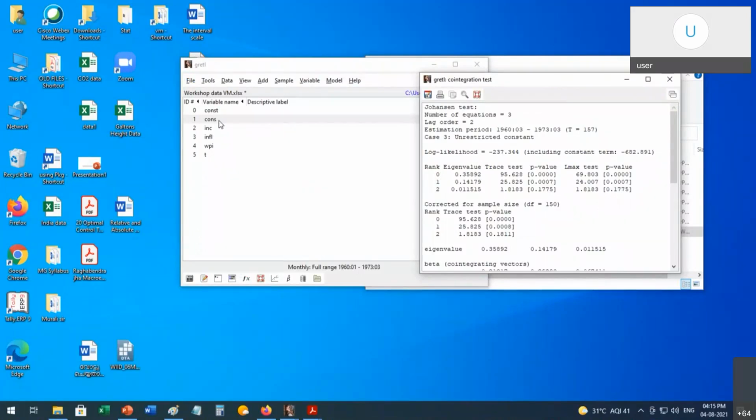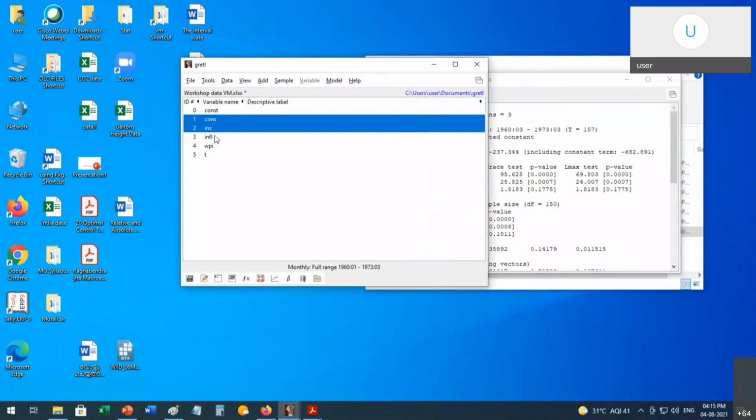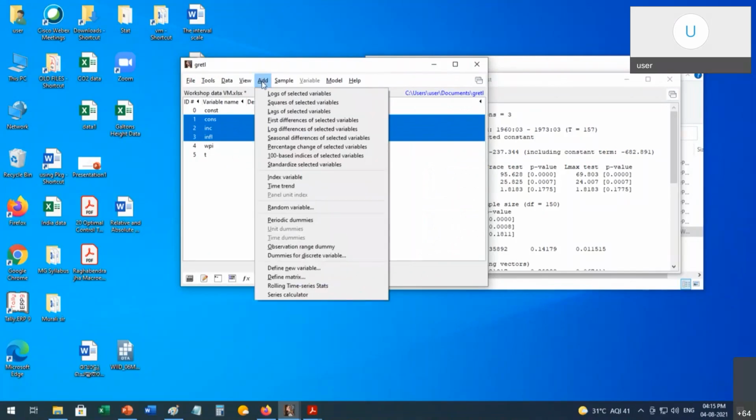To get the first difference of these three variables, we mark all the three variables and go to Add. Here we have first difference of selected variables. We can have the log of the variable, square, log first difference, seasonal difference, and so on. A large number of options are here.